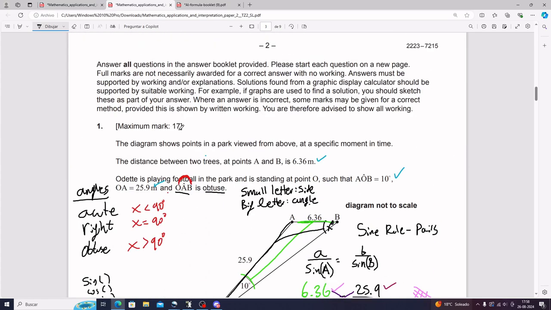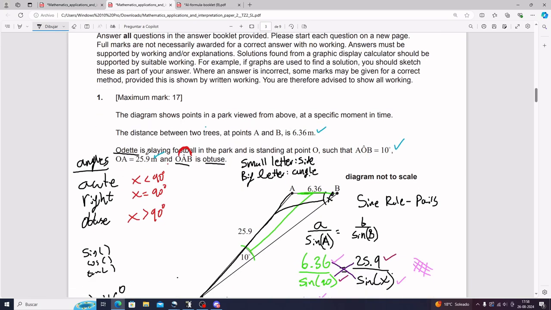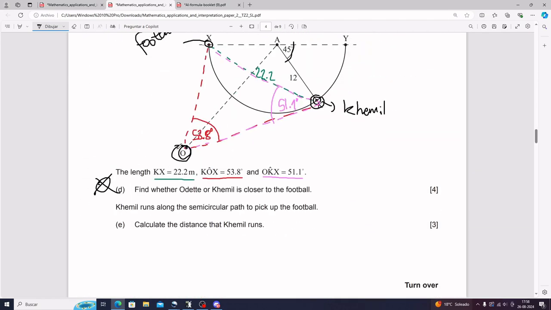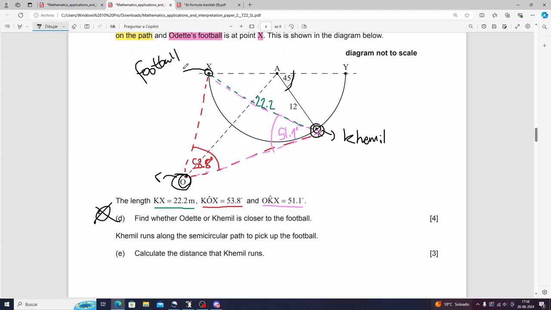While from way earlier, they told us that Odette is playing football and is standing at point O. So Odette is right here, okay? So of these two people, who is closer to the football? The other way to understand it is, is point O or is point K closer to X?